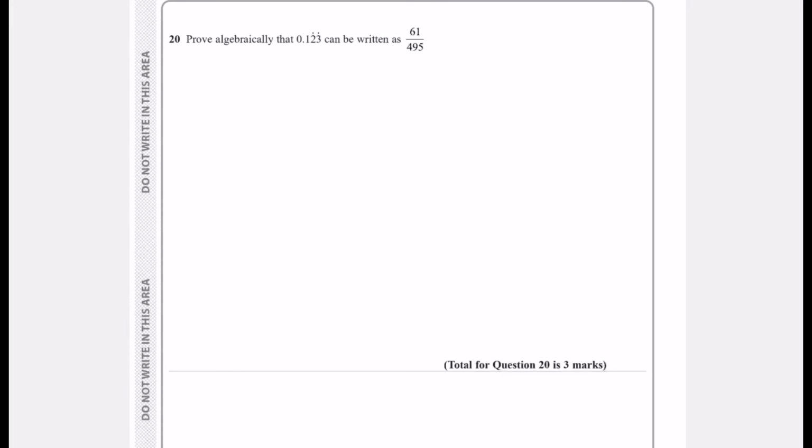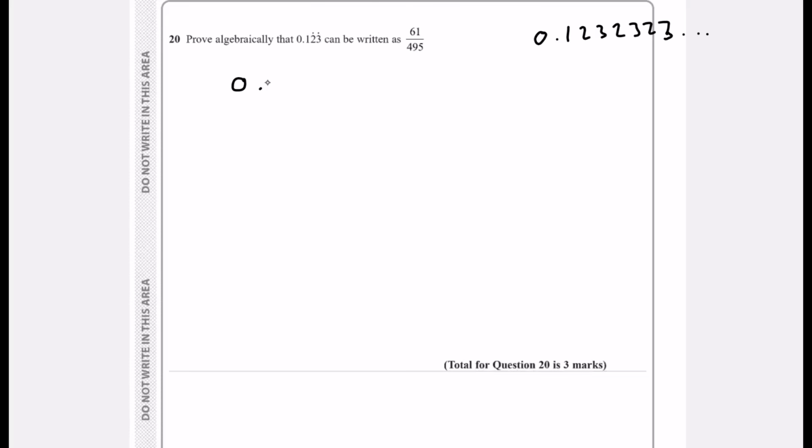Question 20. Prove algebraically that 0.123 recurring, just a 2, 3 recurring, 2, 3, 2, 3, 2, 3, and so on, can be written as 61 over 495.